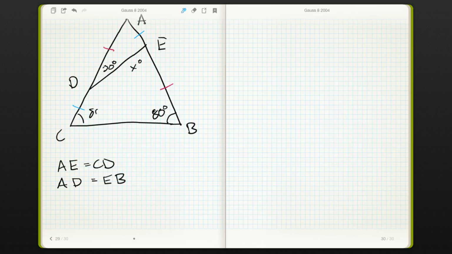So we're going to get an 80 degrees over here. What I can say is AB, well, that's the same as AE plus EB, but that's the same as CD plus DA, and that's the same length as AC. So it is isosceles, and we do get an 80 degrees over here.